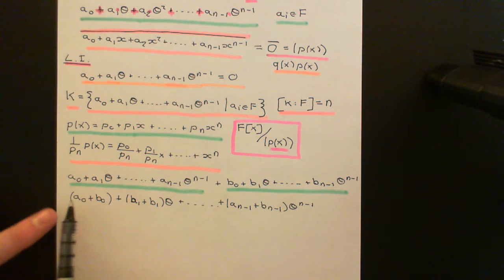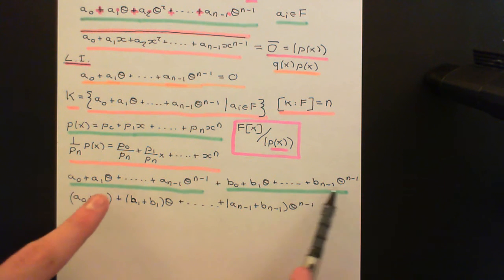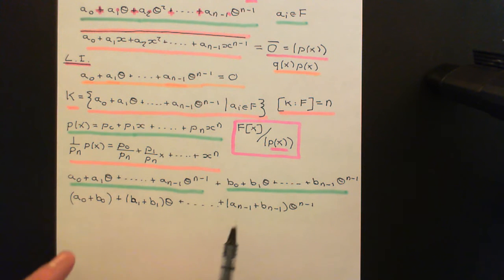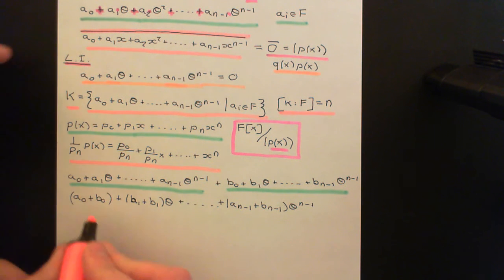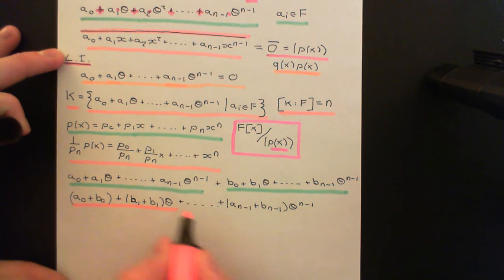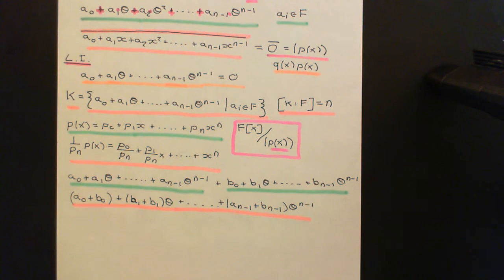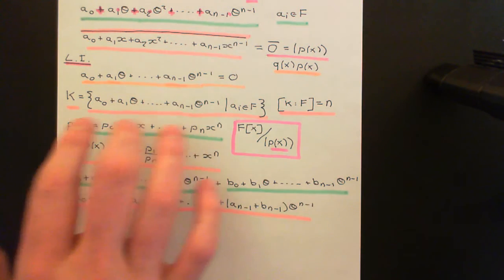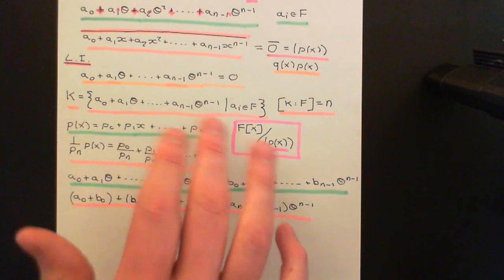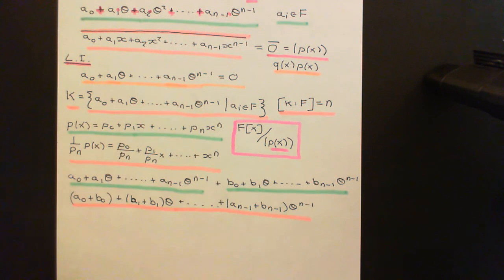So effectively, if you want to understand how two elements add in your field extension, all you're going to do is just add the coefficients in front of these powers of theta. We know we can express any element in this field extension of this form, where it is just a linear combination of this nice basis.